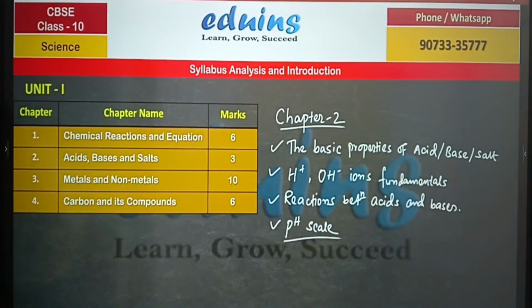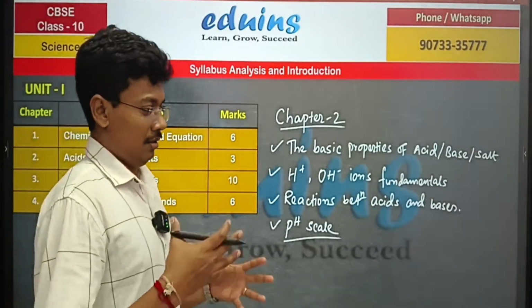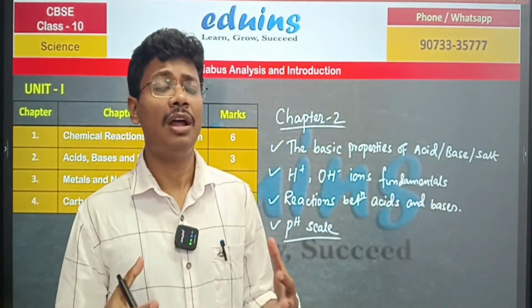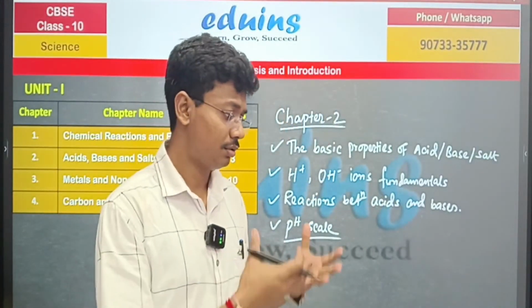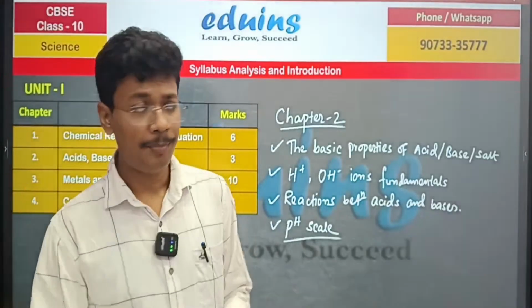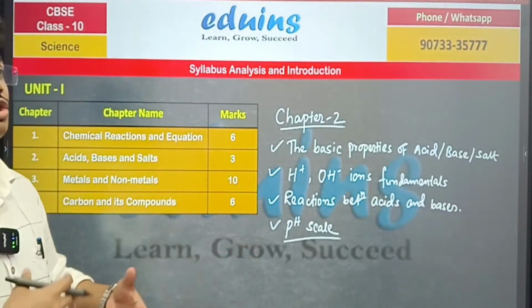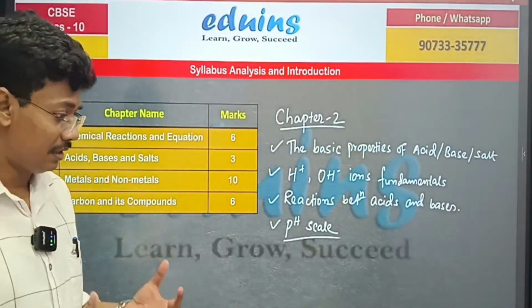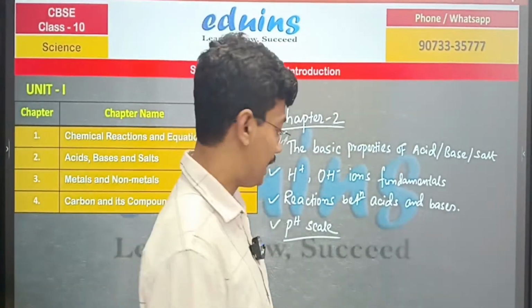So in the pH scale we will study the basic components we use in our daily life, like your lime juice, like your potassium, like your other salts, and what their pH is.